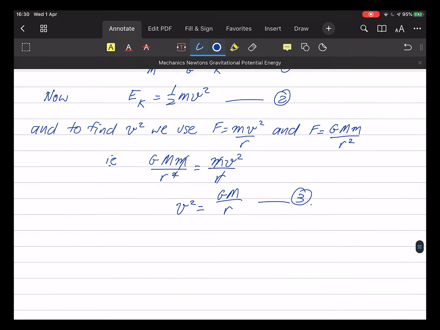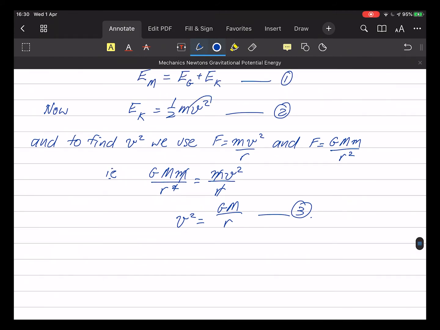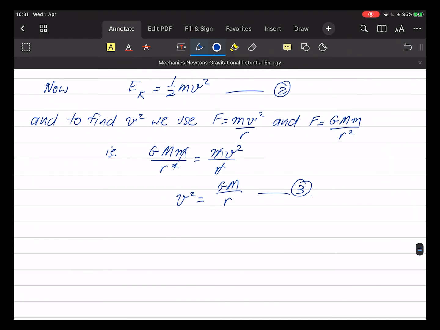So now, if I place this one back into here, so 3 into 2, kinetic energy is half m.